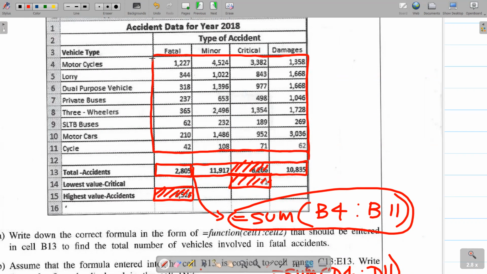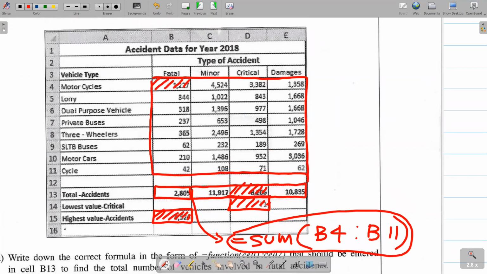So it starts from B4 and ends at E14. So the range is going to be B4 colon E14. That is the range that you could find on this cell.